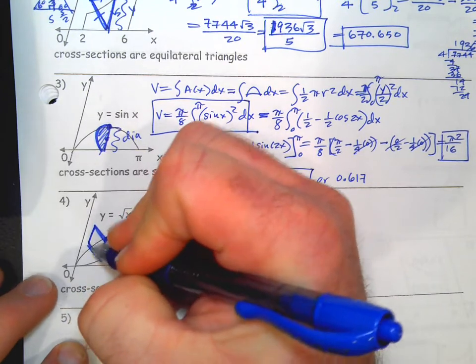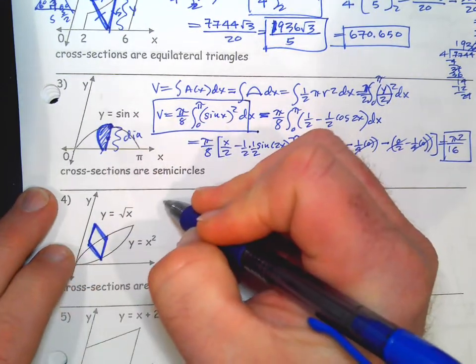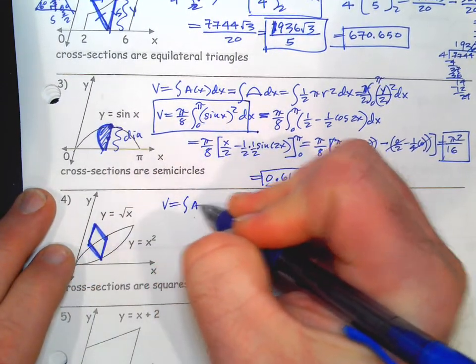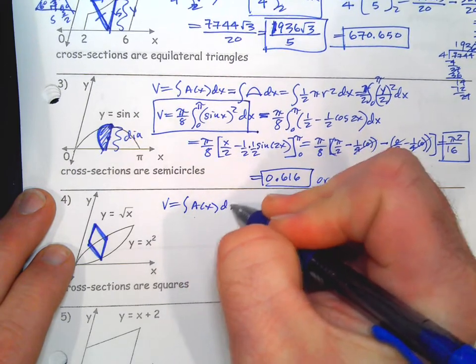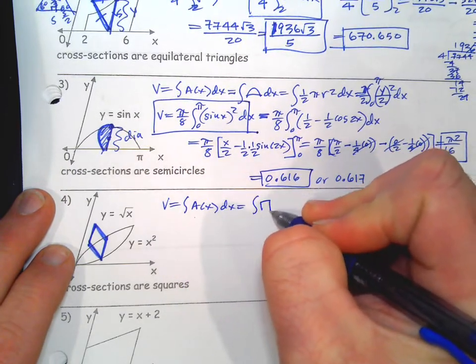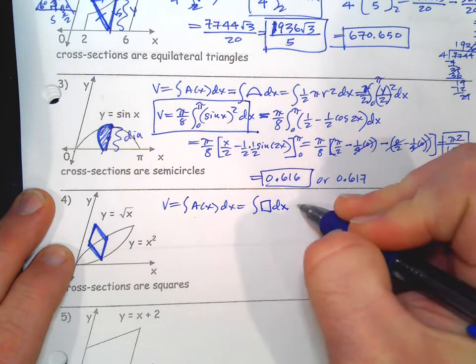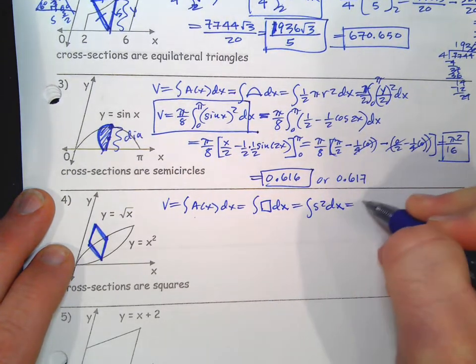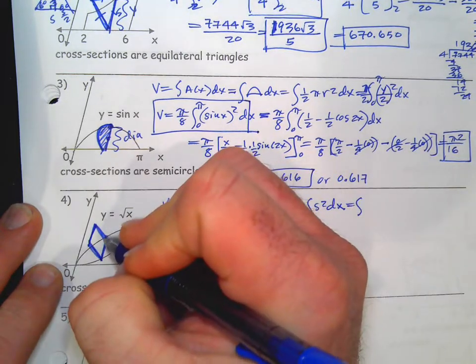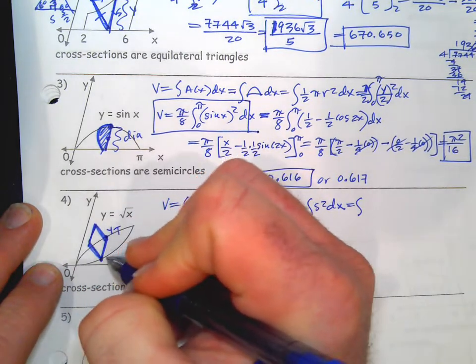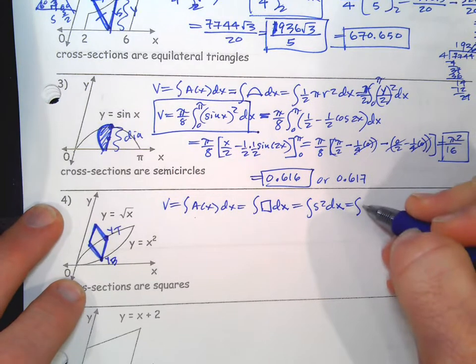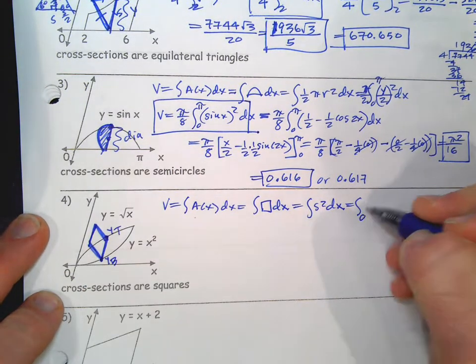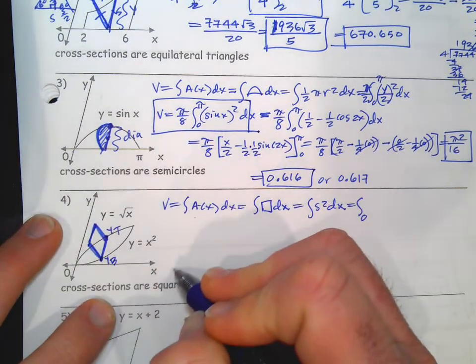Okay. Next one, vertical slices are squares. Okay, so that's one slice. So the volume is going to be some area formula in terms of x. It's going to be a square, which is going to be side squared, which is going to be y top minus y bottom in terms of x. And we also need to find the intersection of these.